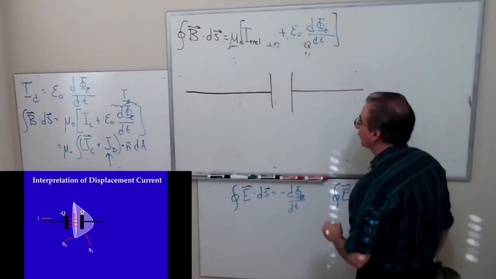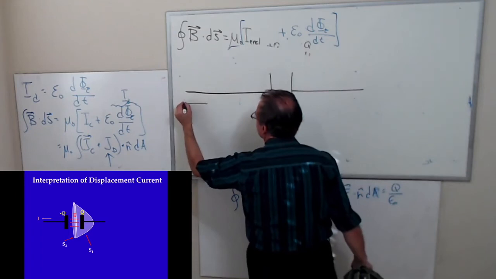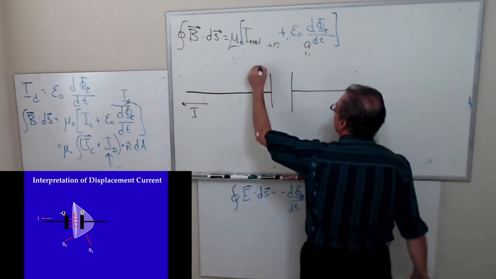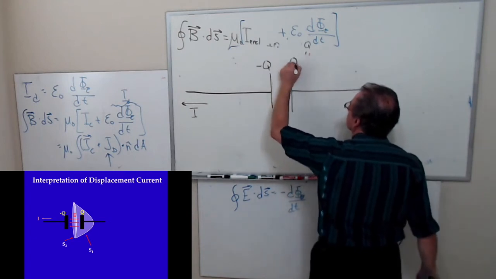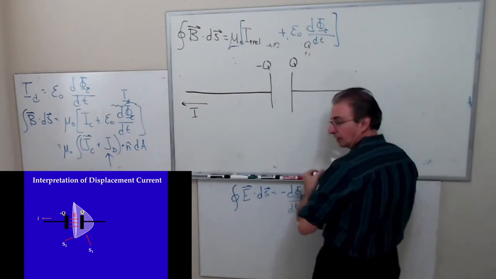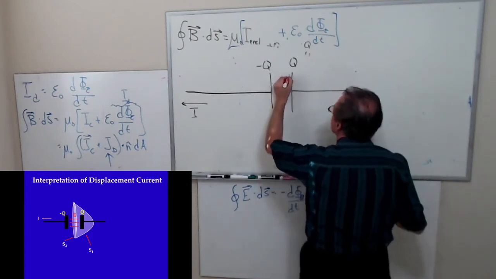And let's let the current go this way this time. Doesn't matter. So let's make this minus Q, this plus Q. The electric field in between the plates is this way.